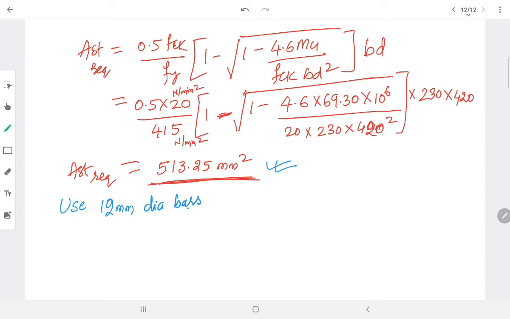Here I'll be calculating the number of bars. How will we calculate the number of bars? It is nothing but capital AST required divided by small ast. Small ast means, for example, it's like change: how many notes of 100 are required to make 500 rupees? That we are calculating here.